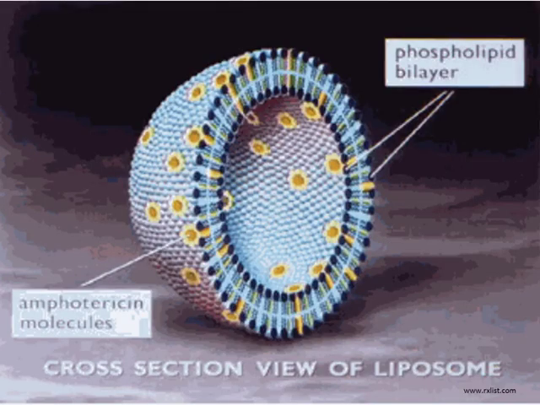This is just a picture of what the molecule looks like. In this picture, what you see is a liposome, and you can see that the amphotericin B molecules are embedded in that liposome. This is an engineered dosage form that was designed to help minimize some of the adverse effects.